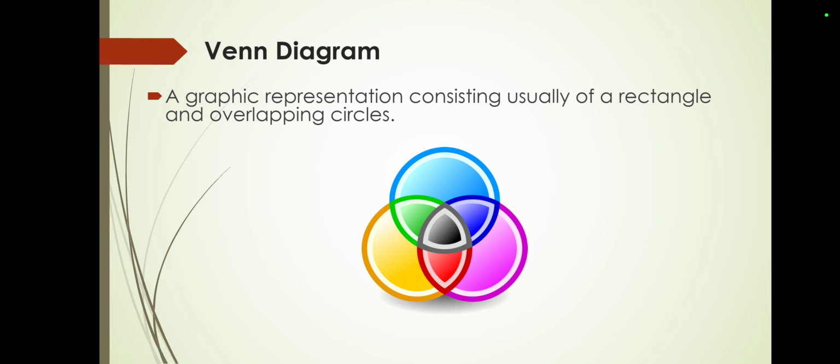We can actually use a different kind of shape, but in most cases, they usually represent a rectangle as the universal set and circles as sets. But you can still have your own kind of shape. I hope we are on the same track in doing the Venn diagram. So let's proceed.